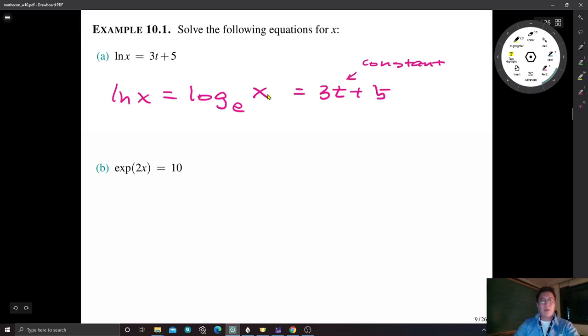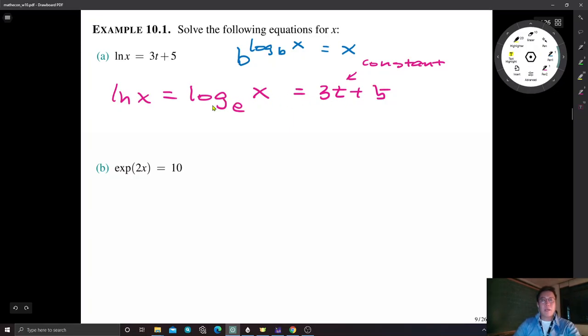The way to solve that is, remember, b to the power log with base b of x is equal to x. So we are going to use this property, the definition of the inverse function, the definition of logarithm, to solve this equation for x.